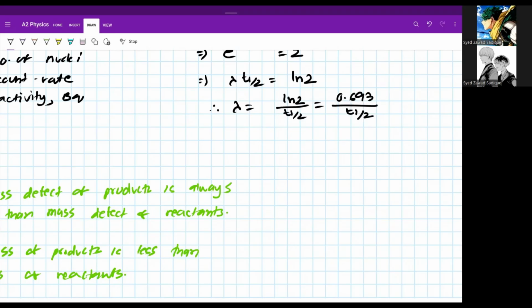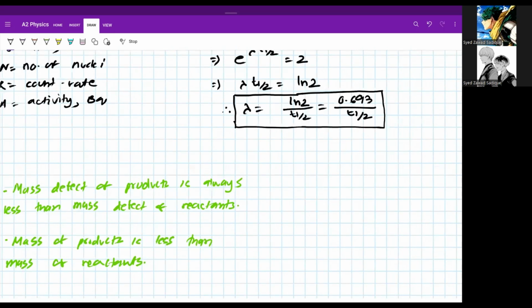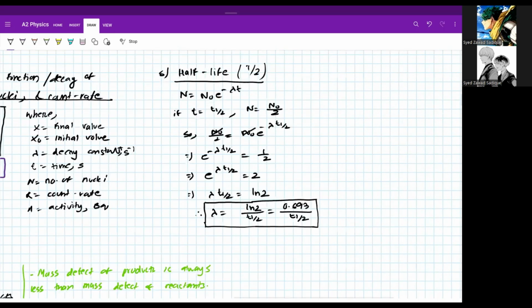You can use either ln 2 or 0.693, however you wish. Okay, nice. If it were me, I would always keep it as ln 2 because that's more accurate.